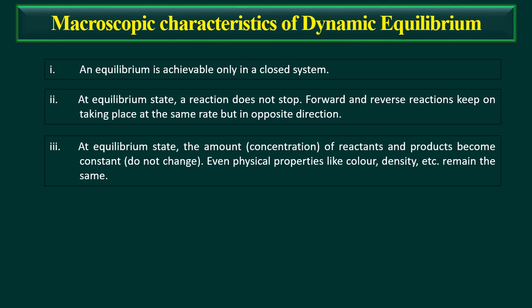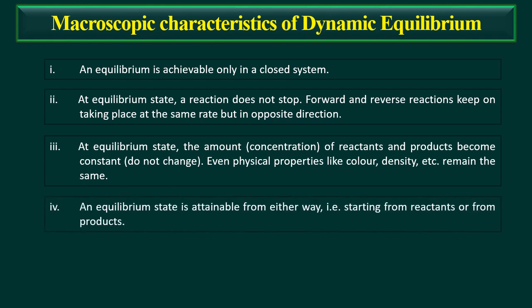At equilibrium state, the amount or concentration of reactants and products become constant. That is, they do not change. Even physical properties like color, density, etc. remain the same. And number 4, an equilibrium state is attainable from either way, that is, starting from reactants or from products.